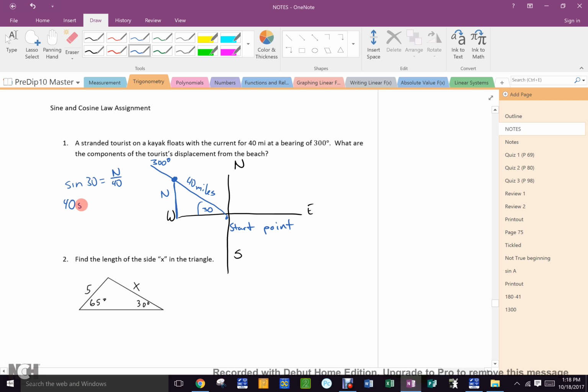Oh yeah, I remember now. Because when you do the north, south, east, west thing, this is 300 over here, and this is like 90, 100.